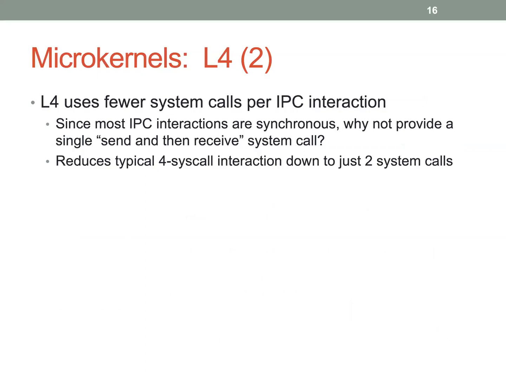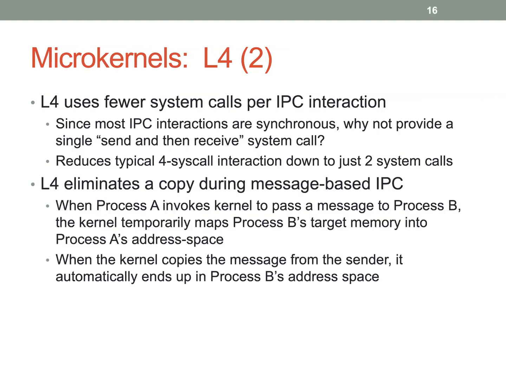So this was really helpful, because then a process only basically had to call into the kernel. That would send a message to another process, and then that automatically blocked the process, and the process would see the syscall return when the response message came back. So that obviously improved things dramatically.